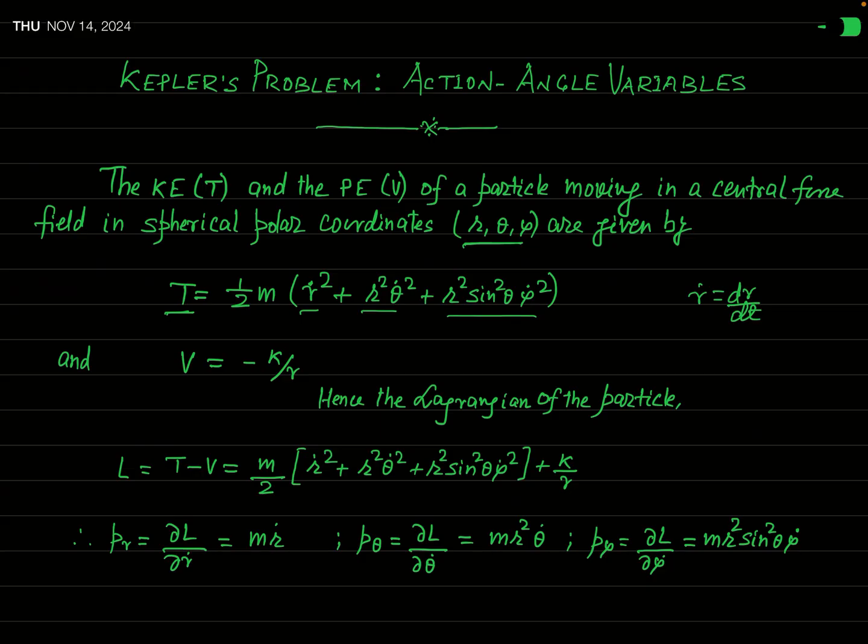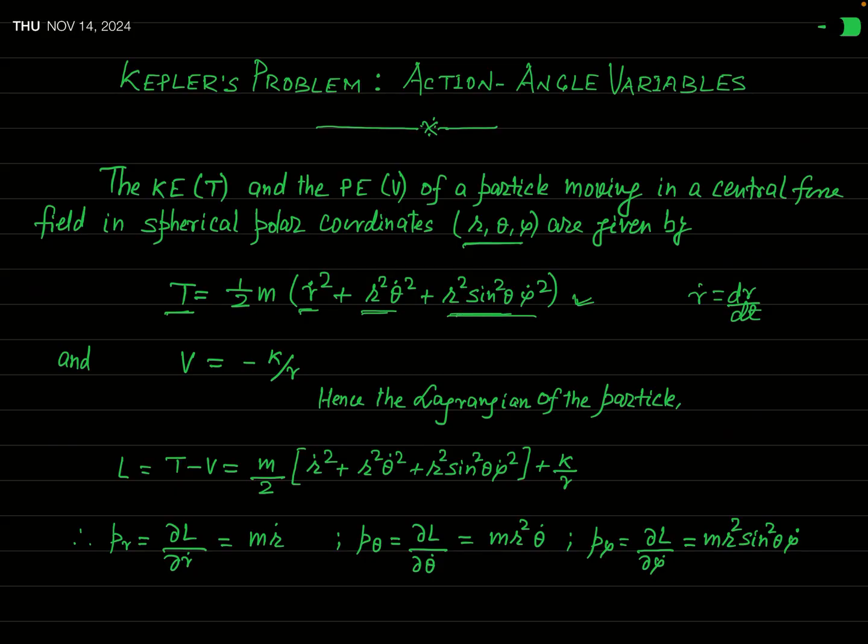I hope you have an idea of this. In fact, r dot is the radial velocity, r times theta dot is the transverse velocity, and r sine theta phi dot is the azimuthal velocity. So this is simply half m (vr square plus v theta square plus v phi square).